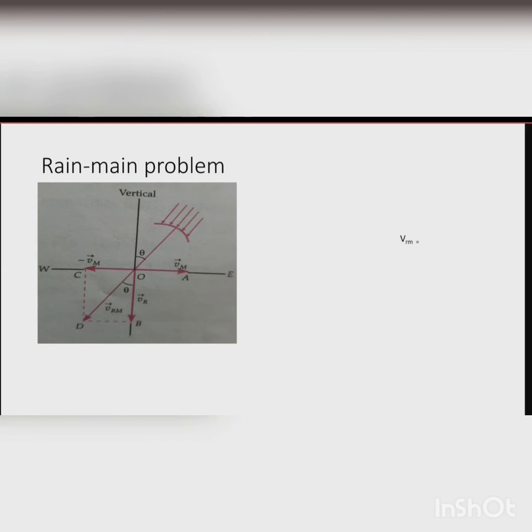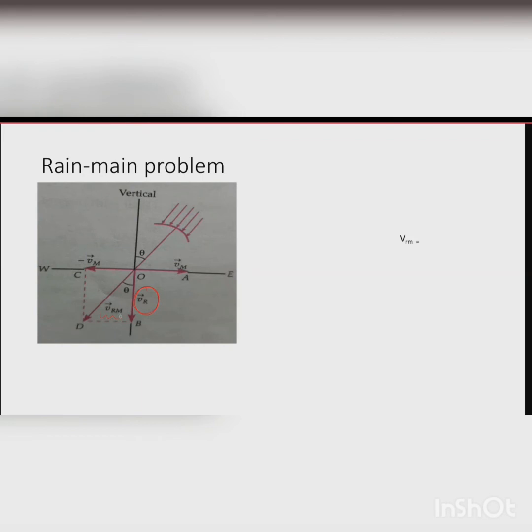So what's the reason why the man needs to hold the umbrella at an angle? Because the velocity of rain as experienced by the man would be different. He is not experiencing VR. What he experiences is the relative velocity of rain, that is VRM.